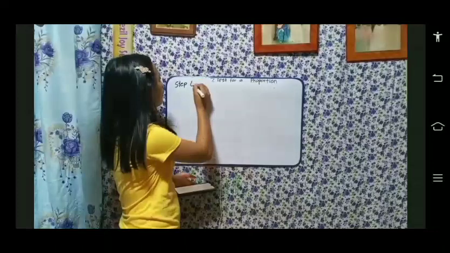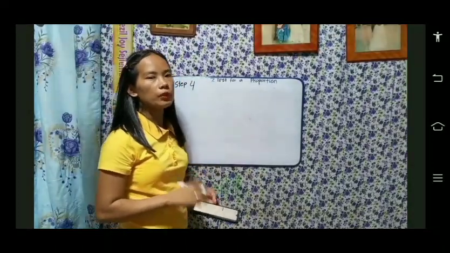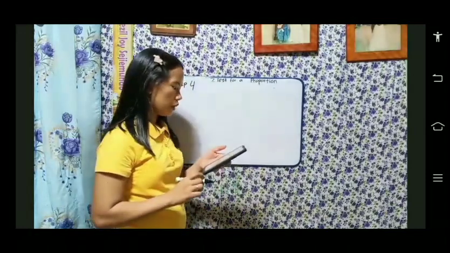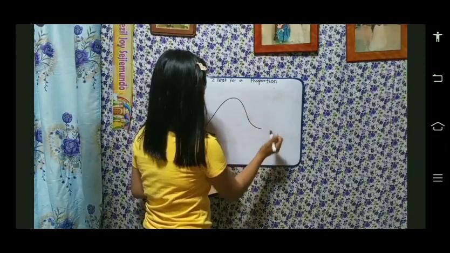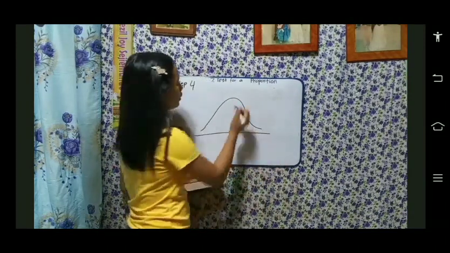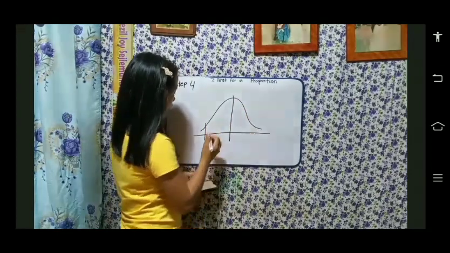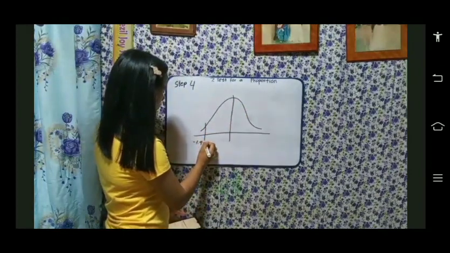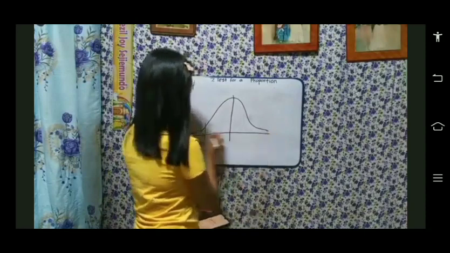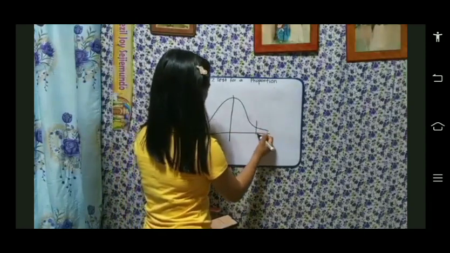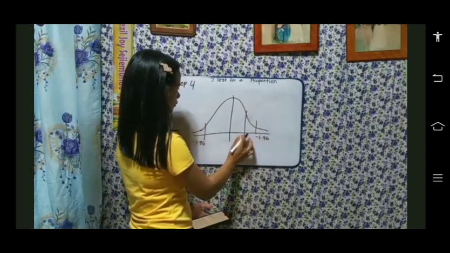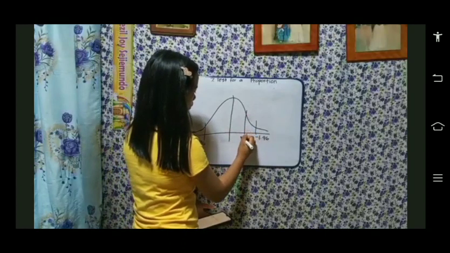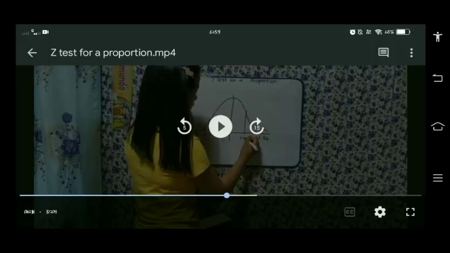For step 4, make the decision: do not reject the null hypothesis, since this value falls outside the critical regions. So let's draw the critical regions: negative 1.96 and positive 1.96, and the test value is 1.15.